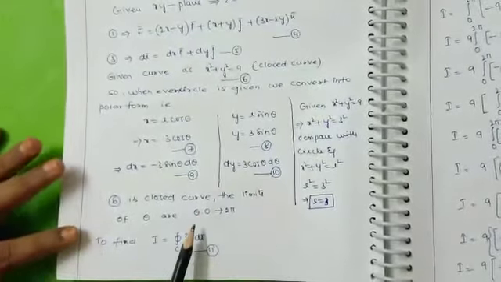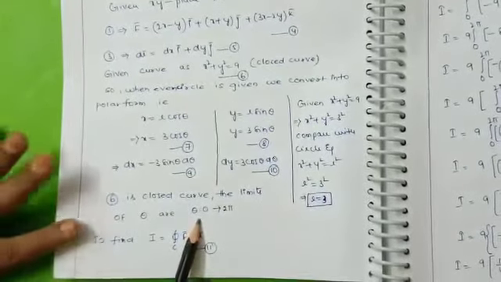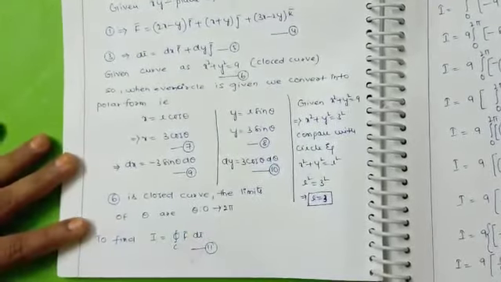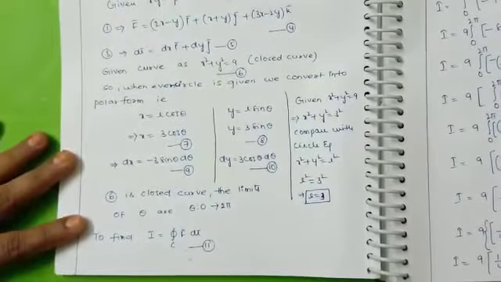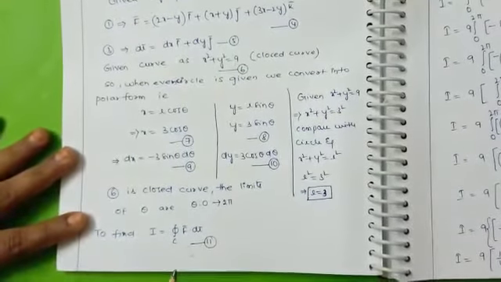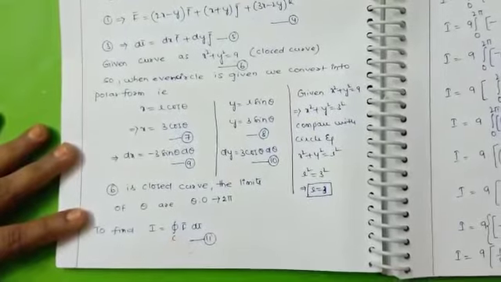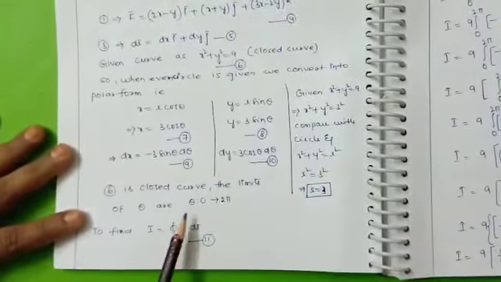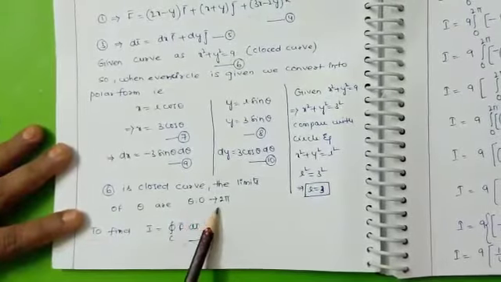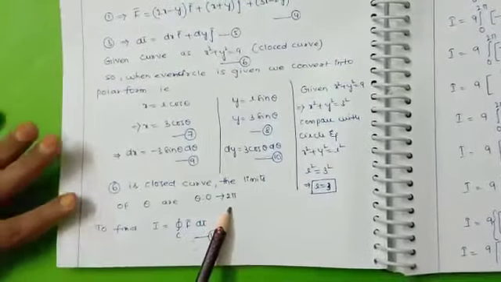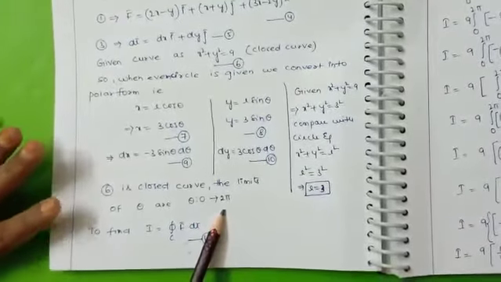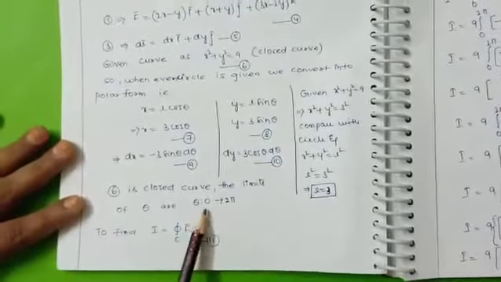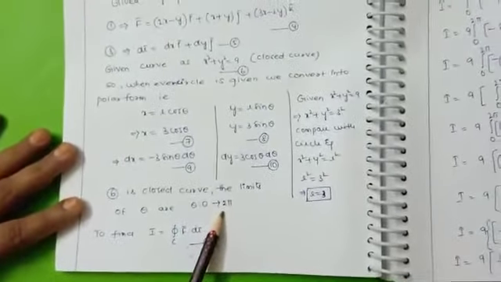How are you going to take the limits here? The condition is given that the circle equation is a closed curve on the xy plane. So the circle is rotating from 0 degrees to 360 degrees here. So the theta limits will be 0 to 2 pi. So whenever the question is given as a closed curve for a circle, the limits will always be 0 to 2 pi.